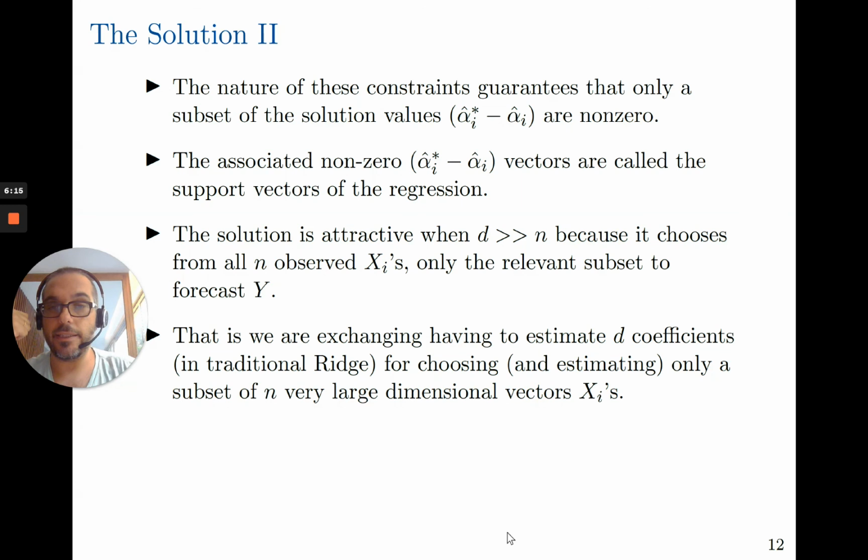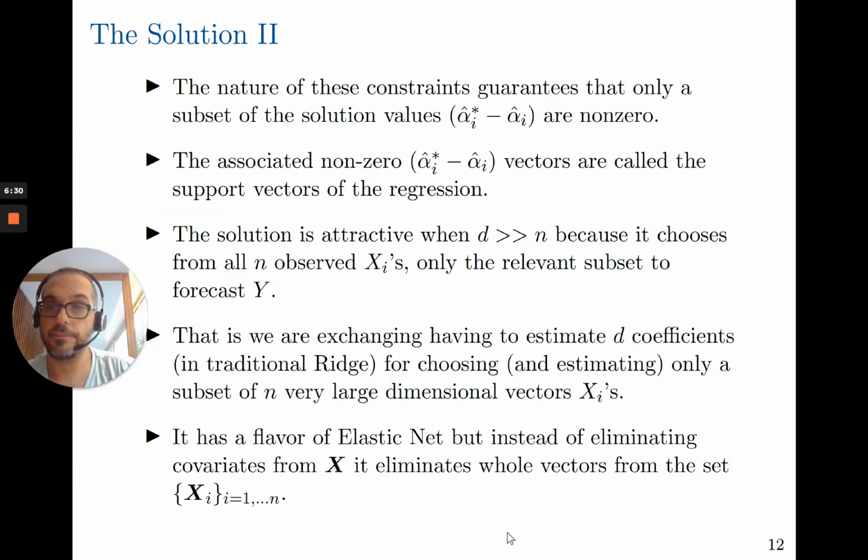So we exchange having to estimate D coefficients, like in the traditional ridge, for choosing and estimating only a subset of the very large dimension vectors Xi. So it has somehow a flavor of elastic net, but instead of eliminating covariates, it eliminates whole vectors from the set.